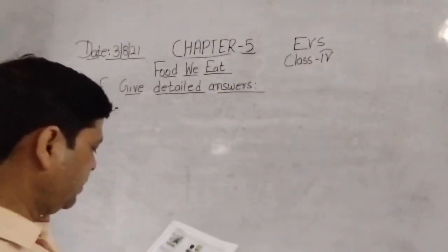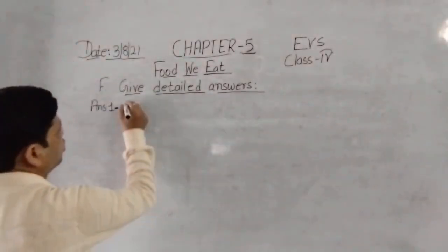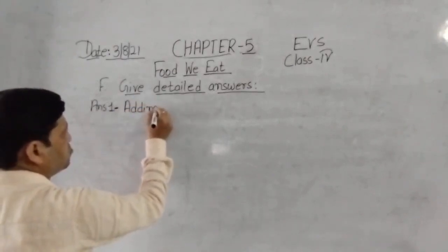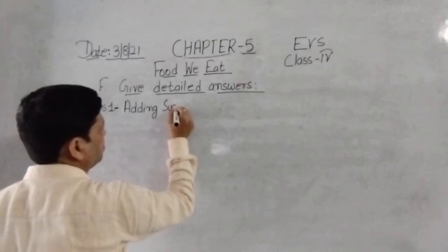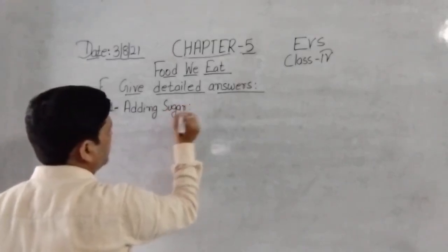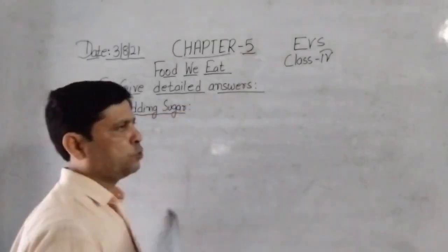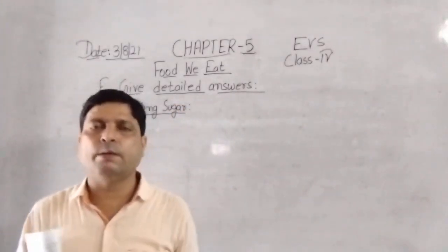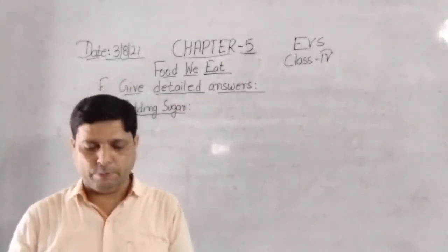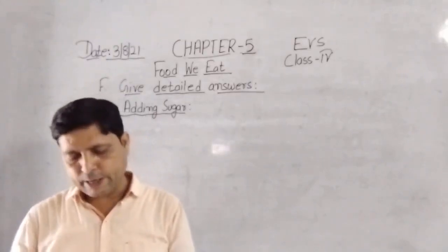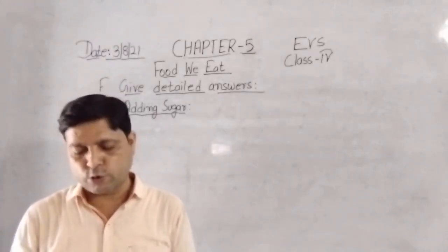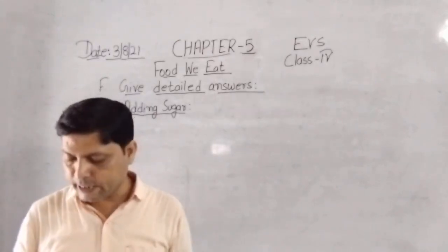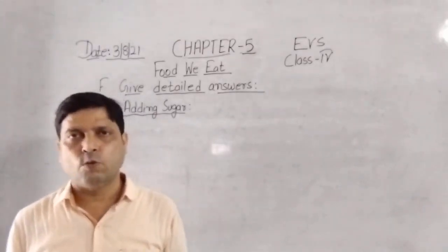Now we will write the next, that is adding sugar. So students, by adding sugar we can preserve the food for a long time. So sugar ऐड करके हम क्या करते हैं? फ्रूट्स को स्टोर कर सकते हैं लॉन्ग टाइम के लिए in the form of jam, jellies and मुरब्बास. Okay.